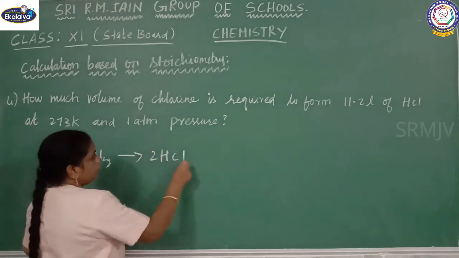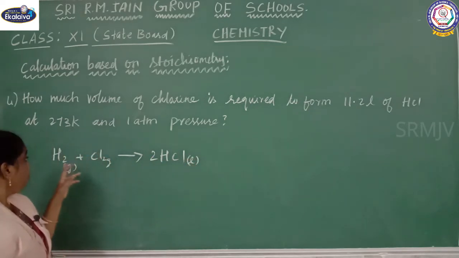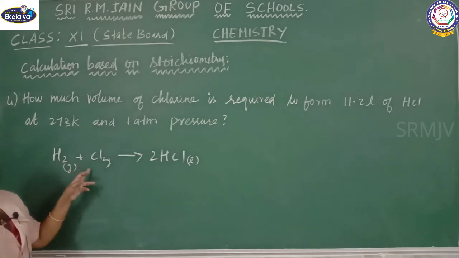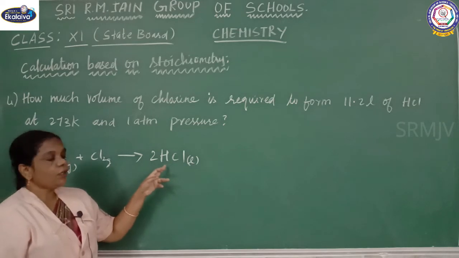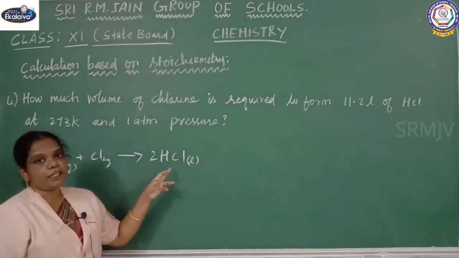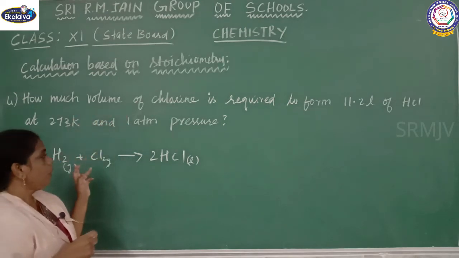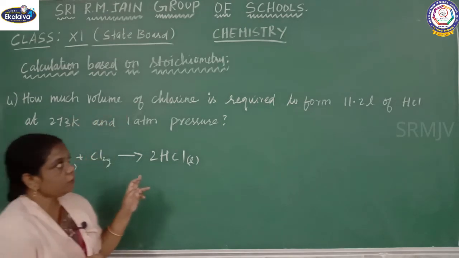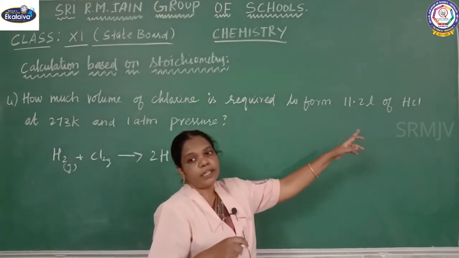So this becomes 2 HCl. So 1 mole of hydrogen gas reacts with 1 mole of chlorine to give 2 moles of hydrochloric acid, HCl. Now what is the question? You want to find the volume of chlorine to get 11.2 liters of HCl.